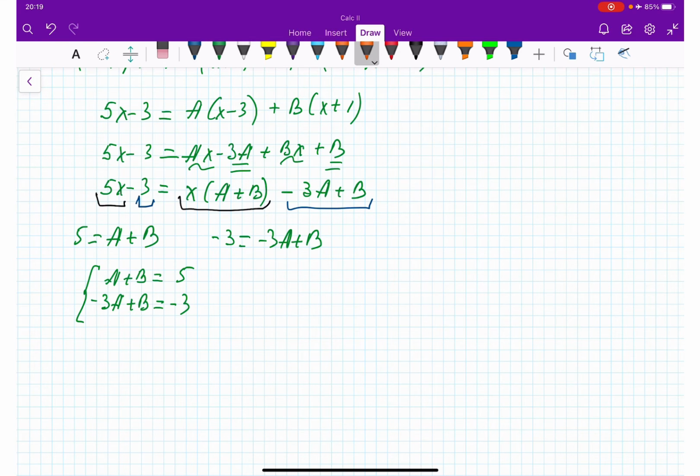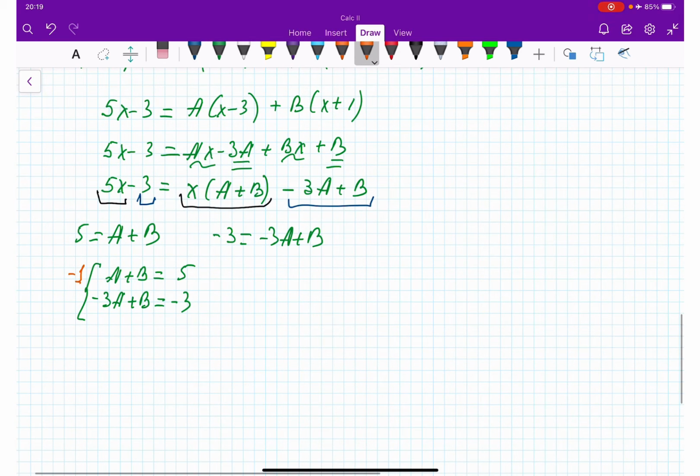Here it's going to be negative 1. We need to multiply by negative 1, right, to get negative b. So if we distribute negative 1, we get negative a, negative b equals negative 5, right? Negative 3a plus b is equal to negative 3.